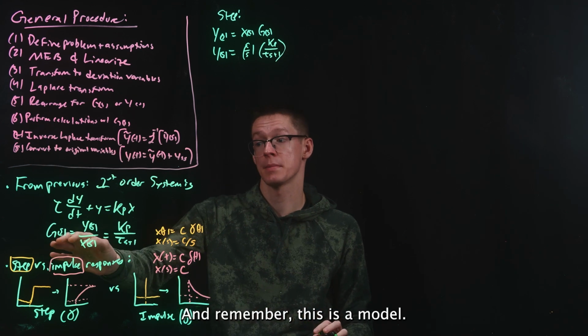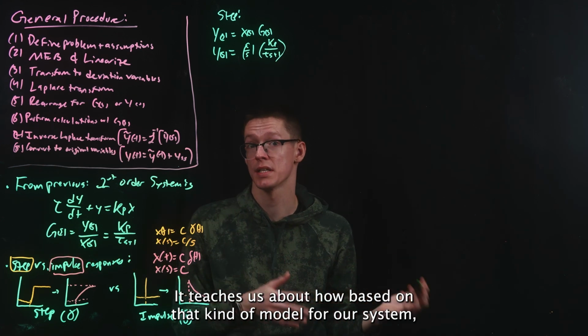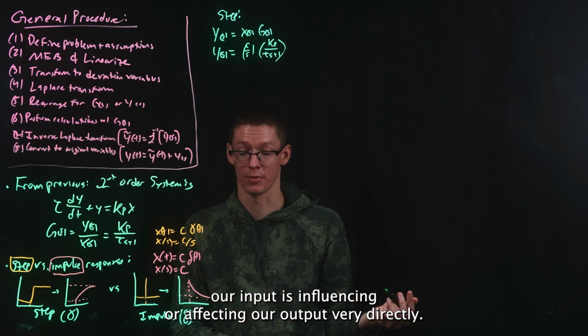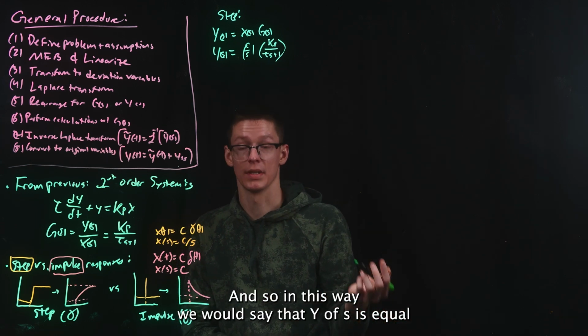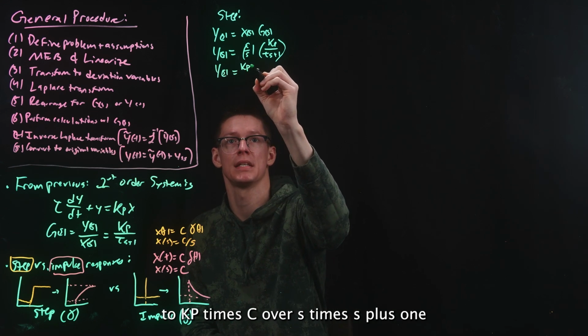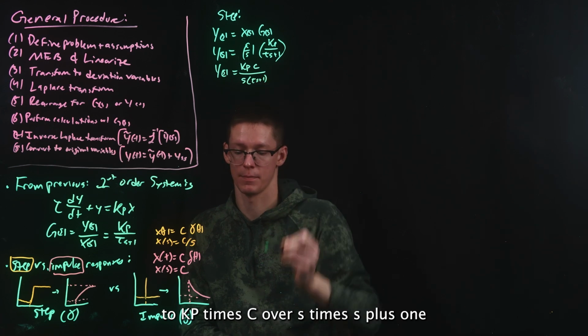And remember, this is a model. It teaches us how, based on that kind of model for our system, our input is influencing our output very directly. So y of s is equal to kp times c over s times tau s plus 1.